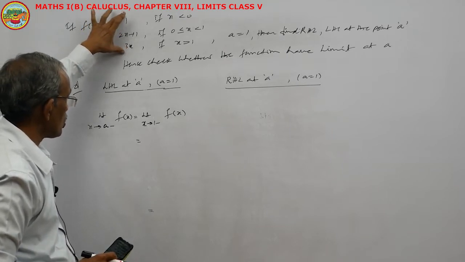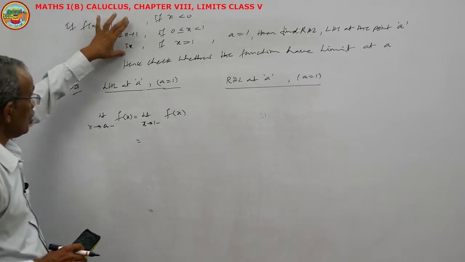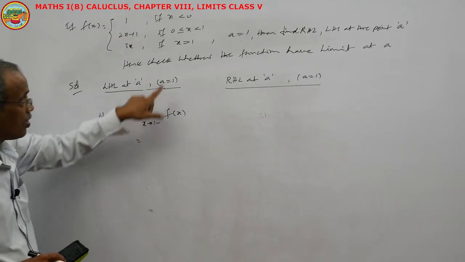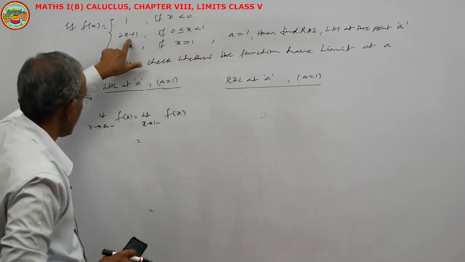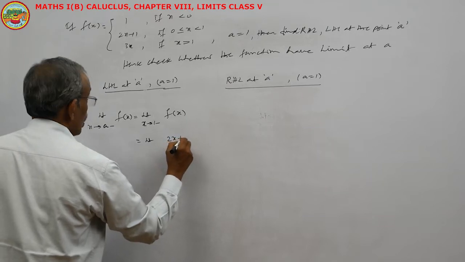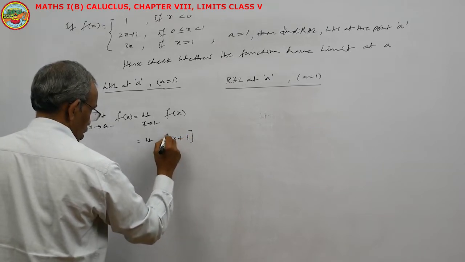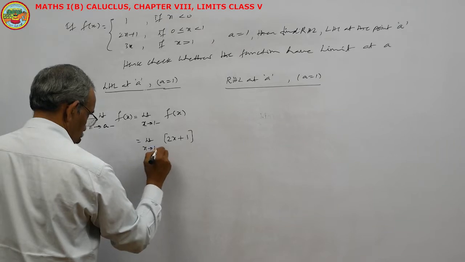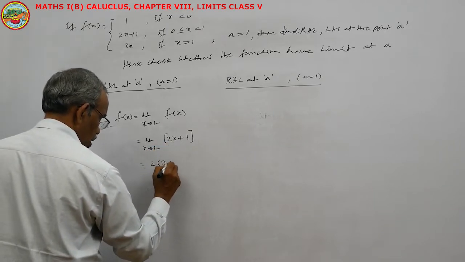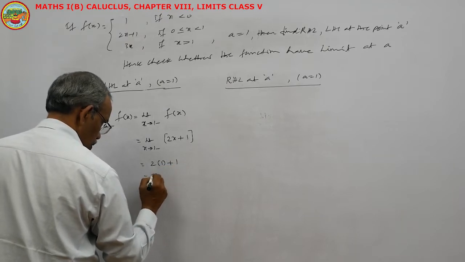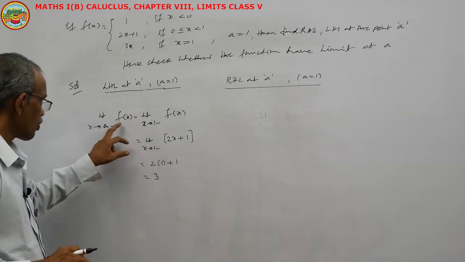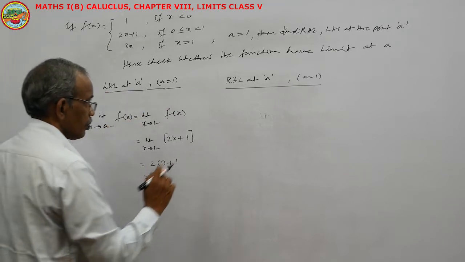Among these three we have to take the suitable function. Suitable function means x tends to 1 minus, which means x less than 1, so the second function, 2x plus 1, as x tends to 1 minus. Substitute 1: 2 into 1 plus 1 is equal to 3. So the left hand limit at A is equal to 3.